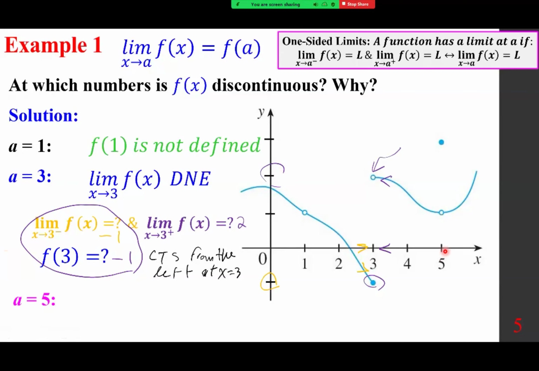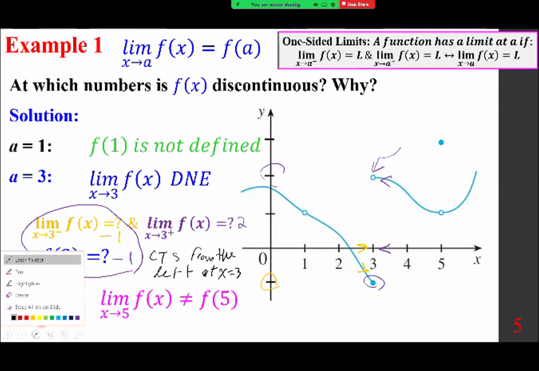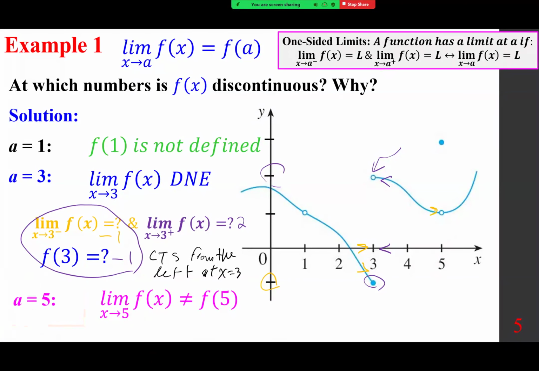Also at number 5 is discontinuous. Why is that? Because the limit from both sides, we end up here, is not the same as the functional value. So the limit of f of x as x approaches 5 from the left, from the right, we seem to be moving towards this point.